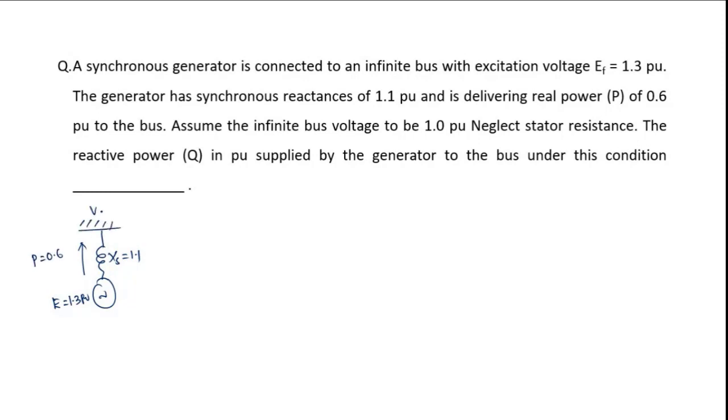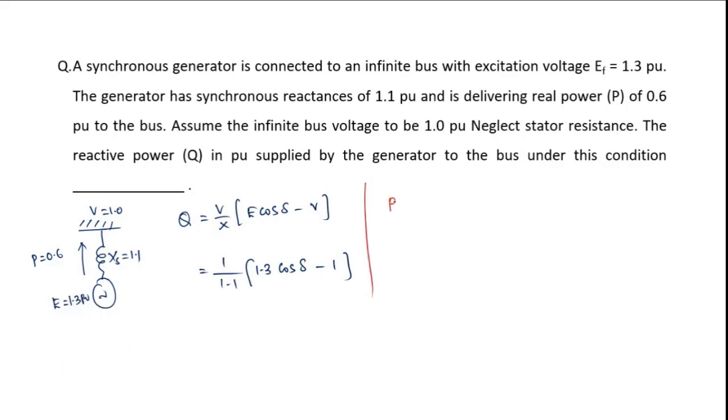The bus voltage is 1 per unit. And he's saying that the resistance is neglected, and the reactive power is asked. So we know the reactive power is equal to V by X into (E cos delta minus V). V we know, X we know, E we also know, but delta we do not know. If you can solve delta, then you can calculate Q.